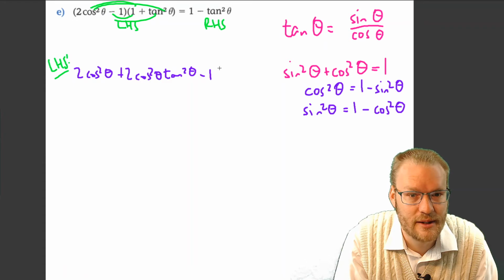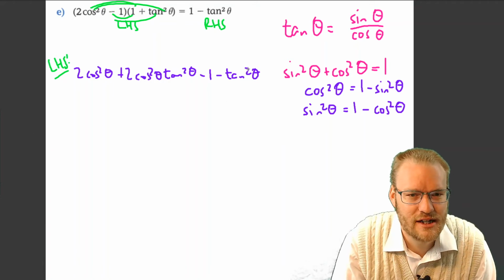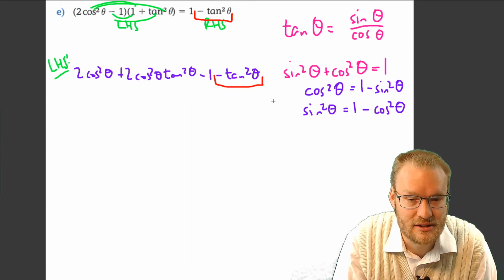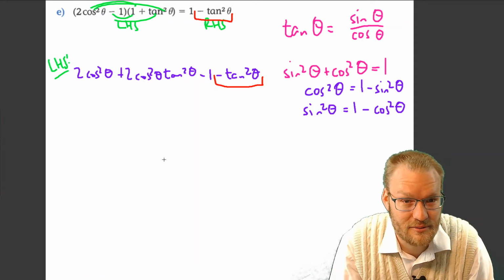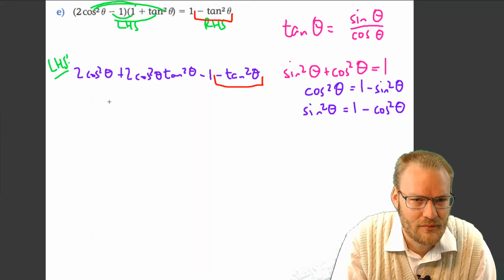Minus 1 times tan squared theta is minus tan squared theta. Now, I think it is useful to have the right-hand side in mind. Here's a minus tan squared theta, and we've got a minus tan squared theta on the right, so we don't have to do anything with that. In the next line, we can still have a minus tan squared theta. But we are going to have to simplify all of this stuff on the left.